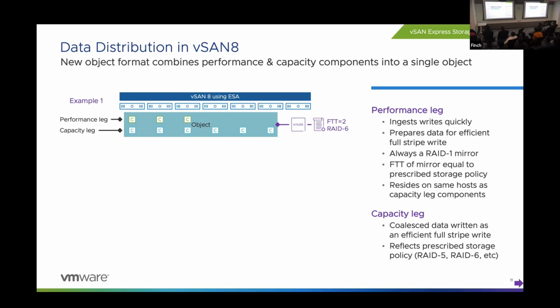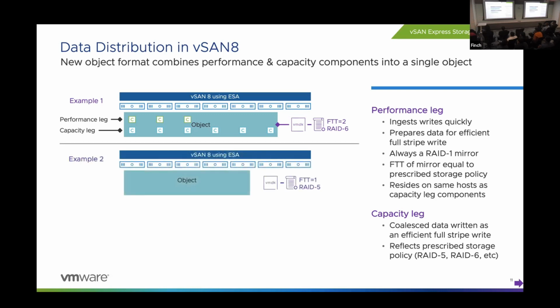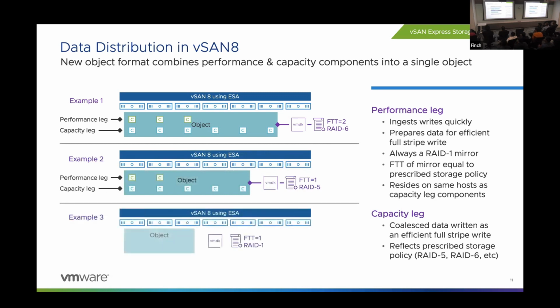Here, you have a single storage pool where you have a capacity and performance leg. Then this particular object interacts with your log structured file system, the new file system, and then the FTT and RAID levels are defined. These are some examples of how the FTT and RAID levels work in RAID 5, RAID 6, or even RAID 1.